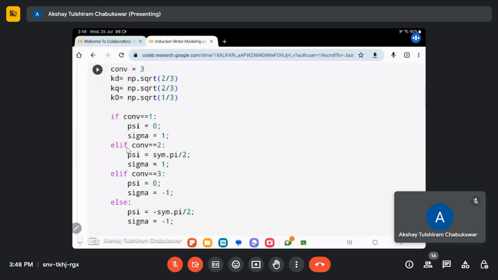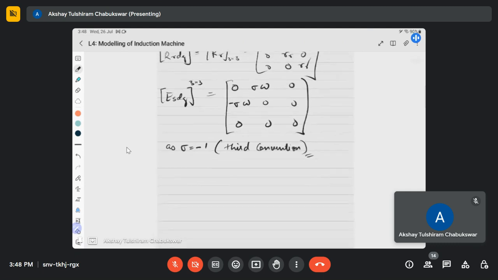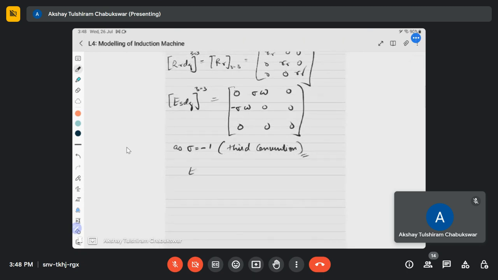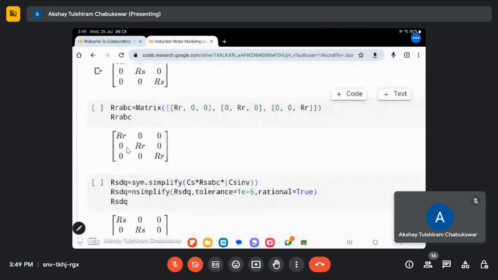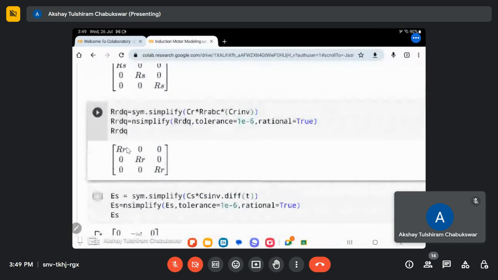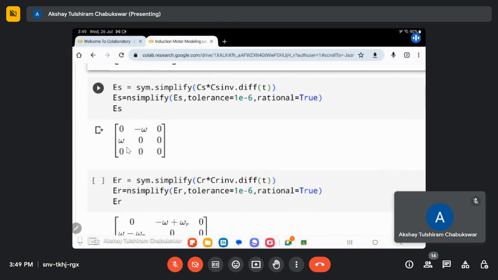Convention 3, sigma was -1. As sigma equals -1, this is what we got: 0 minus omega 0, omega 0 0, 0 0 0. Correct? We were here. Here also we got the same thing. It has just substituted the value of sigma.